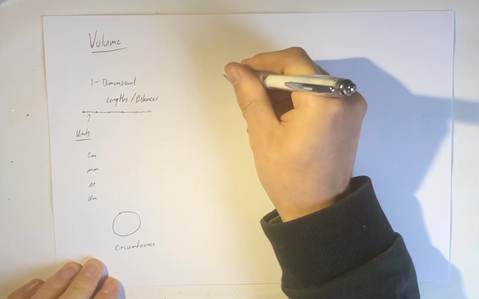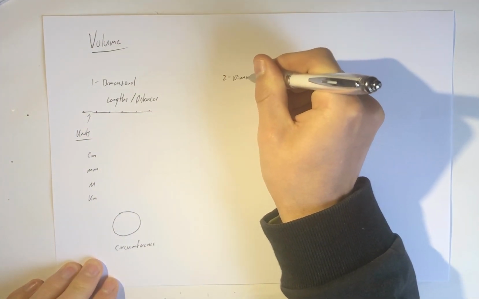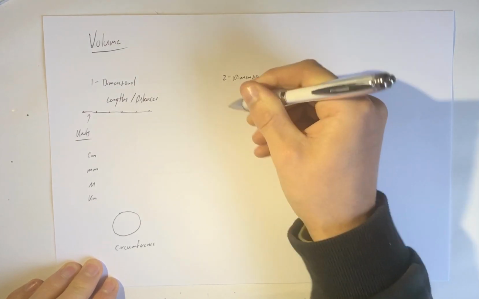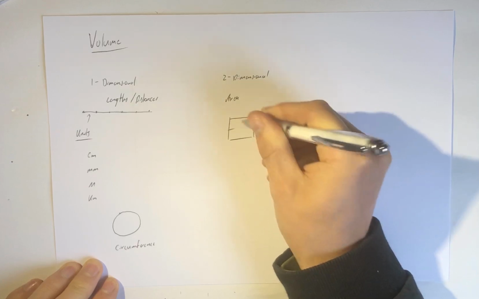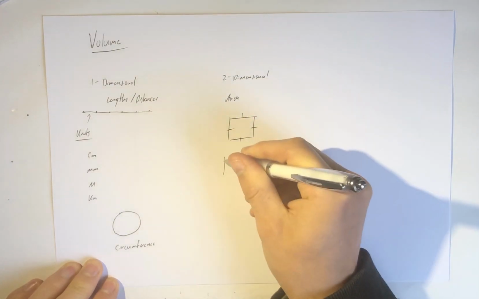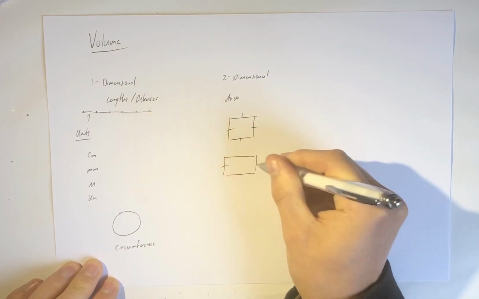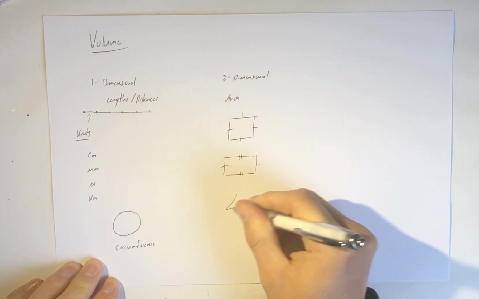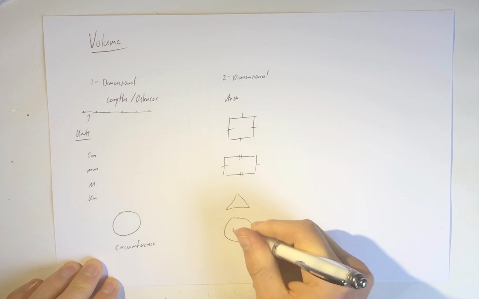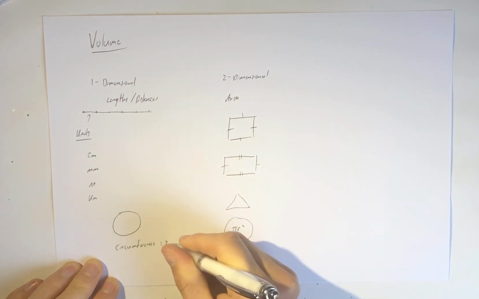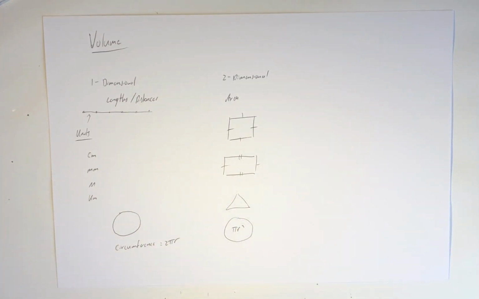And then we did two-dimensional problems, and that was basically area. So we looked at squares, rectangles, triangles, and we did the area of a circle. Okay, so in one dimension we have length, or the distance between two things.